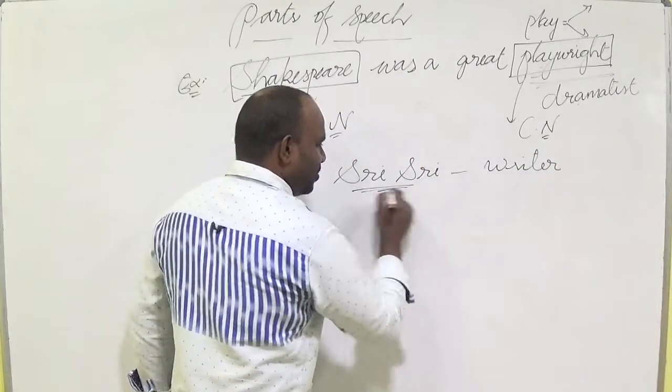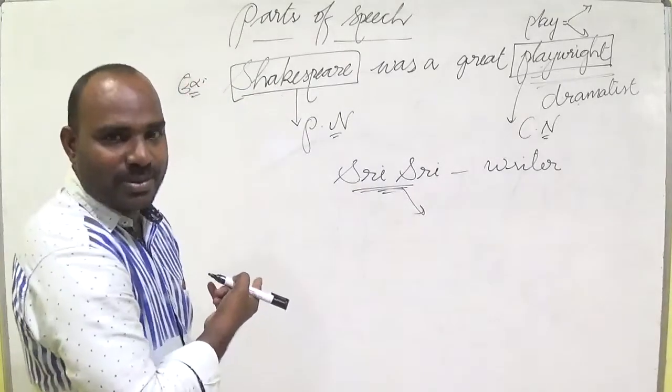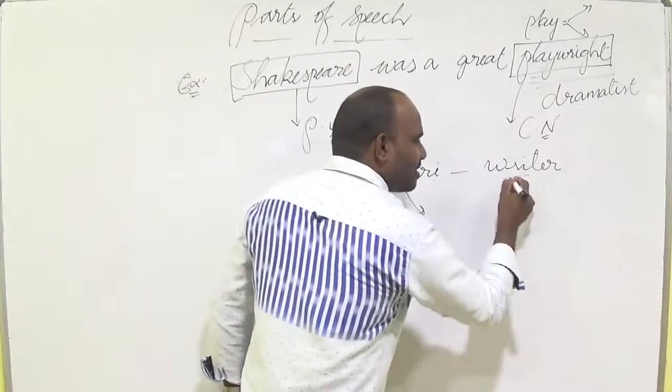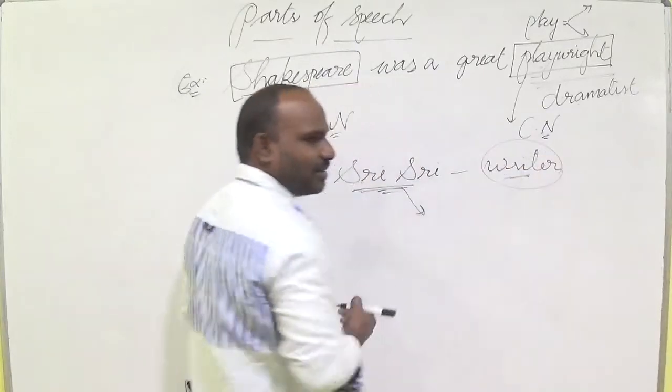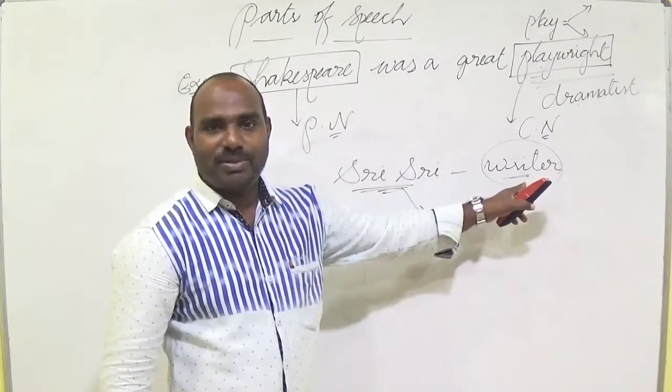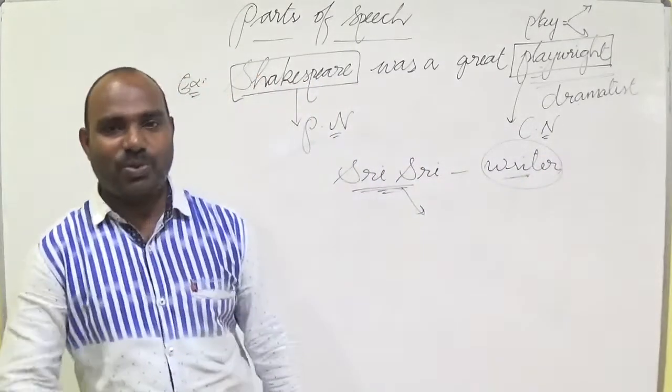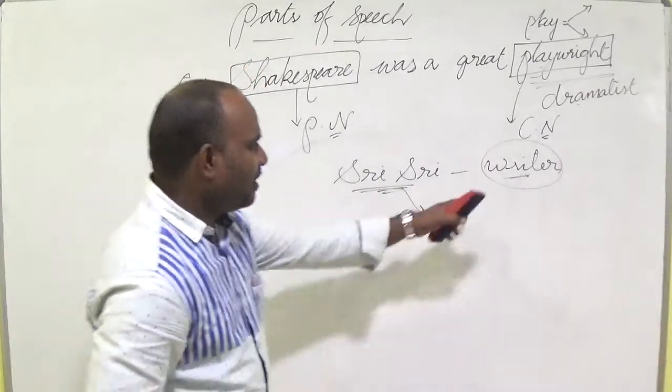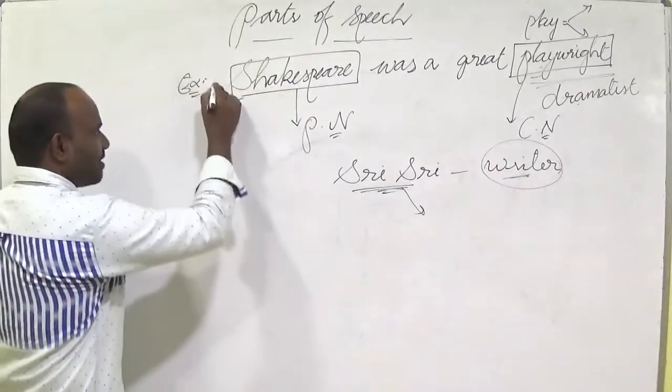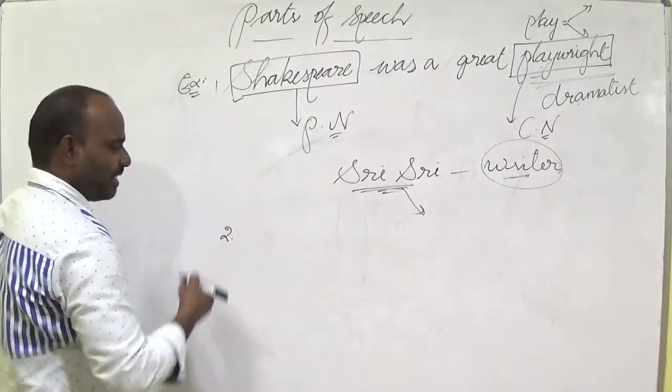Sri is a particular name of a writer, a specific name. Here, writer is a common noun. Writer is used to denote the people who write writings. So this is a common noun.